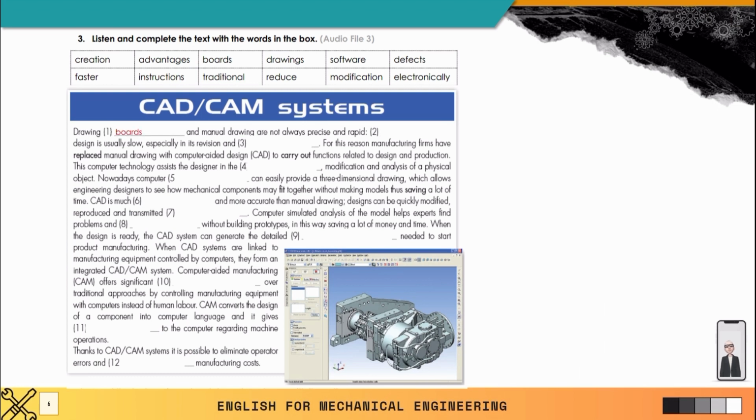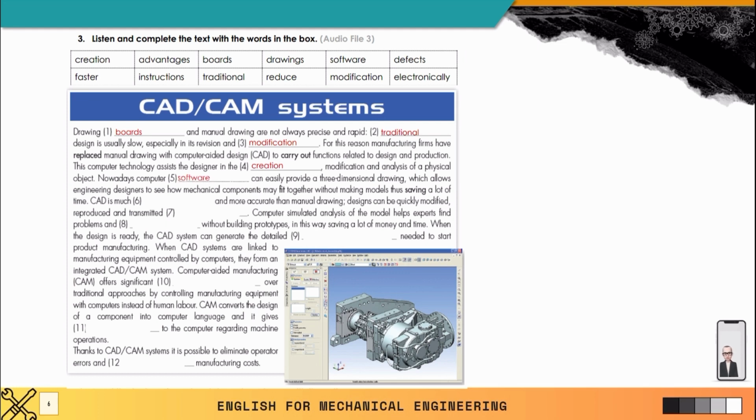So drawing boards and manual drawing are not always precise and rapid. Traditional design is usually slow, especially in its revision and modification. For this reason, manufacturing firms have replaced manual drawing with computer-aided design, or CAD, to carry out functions related to design and production. This computer technology assists the designer in the creation, modification, and analysis of a physical object.